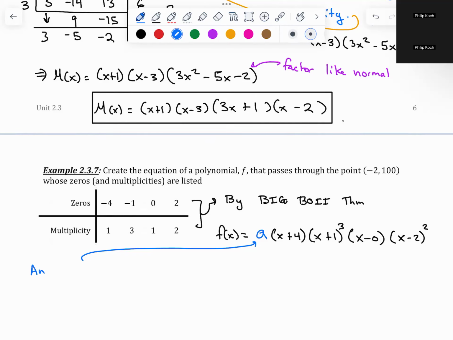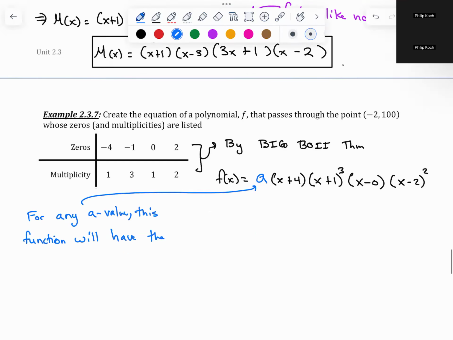For any a value, this function will have the designated zeros, designated roots, let's say roots, with corresponding multiplicities.